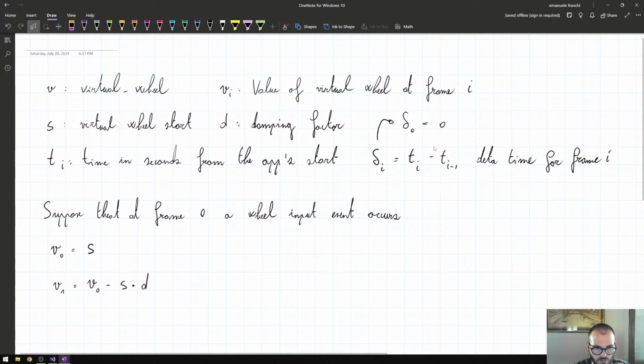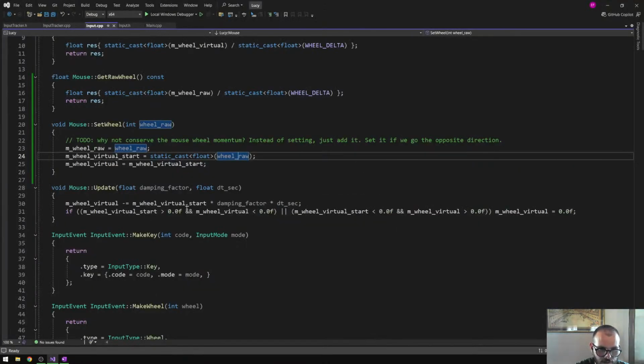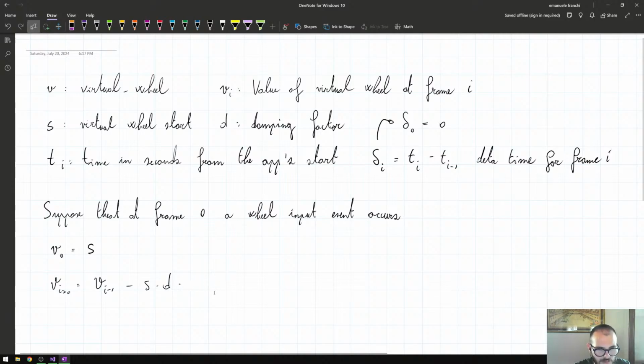And delta 0 is 0 at this point. So the general formula is that V0 is S, and Vi with i greater than 0 is basically Vi minus 1 minus the start times the damping factor times the delta for i minus 1.